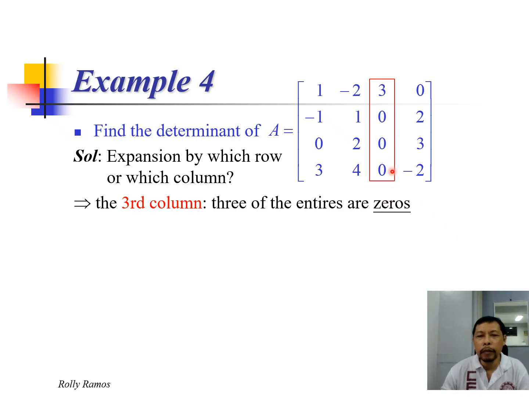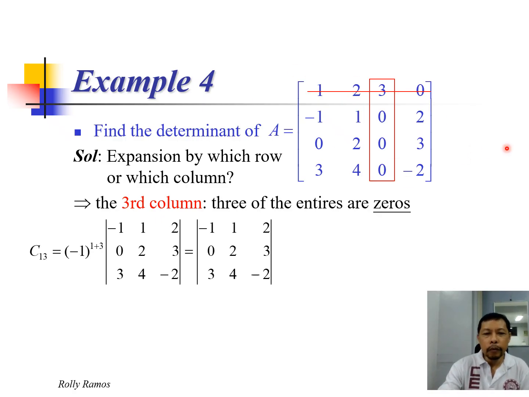We would not even be needing the cofactors of these elements, because in the cofactor expansion, we multiply the cofactor by these elements. Since these are zeros, their product would be zeros. So there's no need to compute the cofactors of these elements. We only have to deal with this element to find the determinant of this matrix.